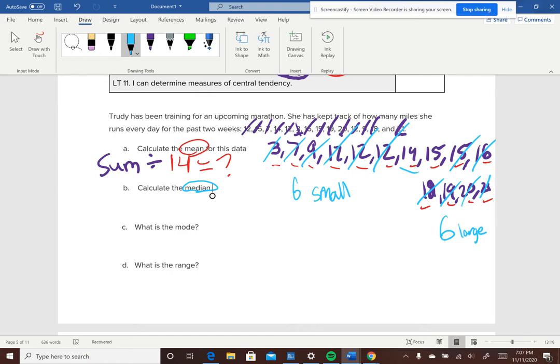So here, since I have 2 numbers left, I need to find the middle or the median of these 2 numbers. So what number is in between 14 and 15? What is right in the middle of those two?